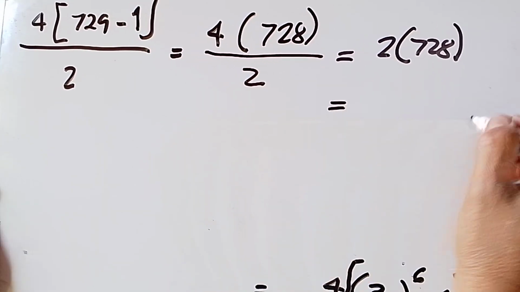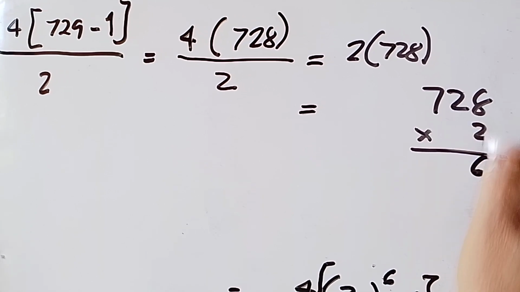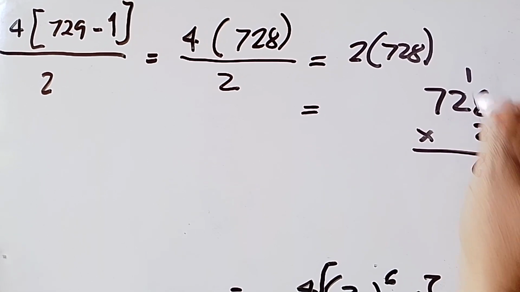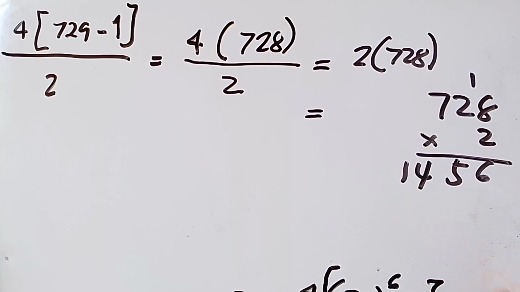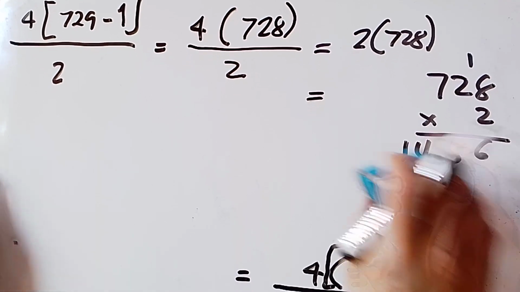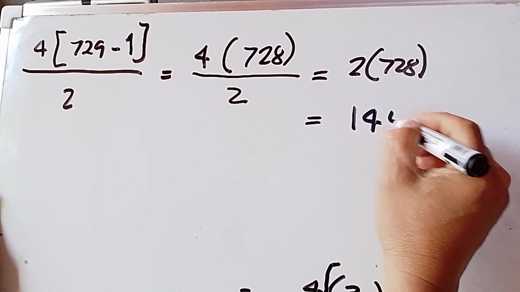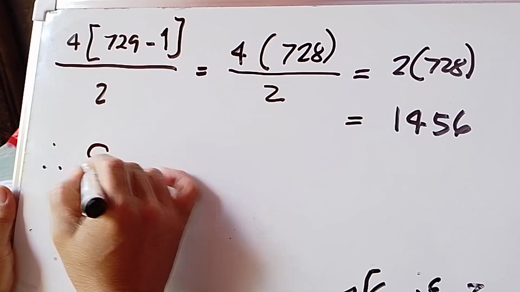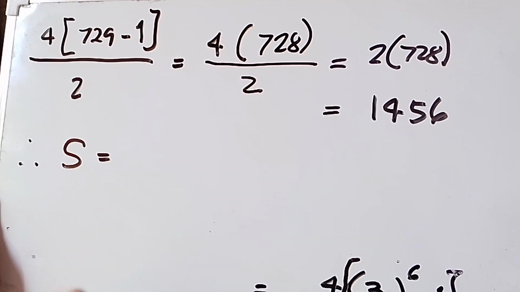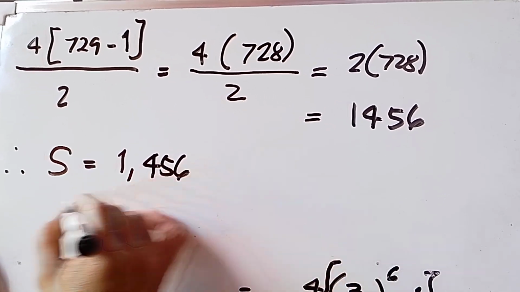So 728 times 2. This will be 16. Carry 1. 2 times 2 is 4 plus 1, 5. 7 times 2 is 14. So my answer for number 2 is 1,456. So therefore, my geometric series is equal to 1,456. That's all.